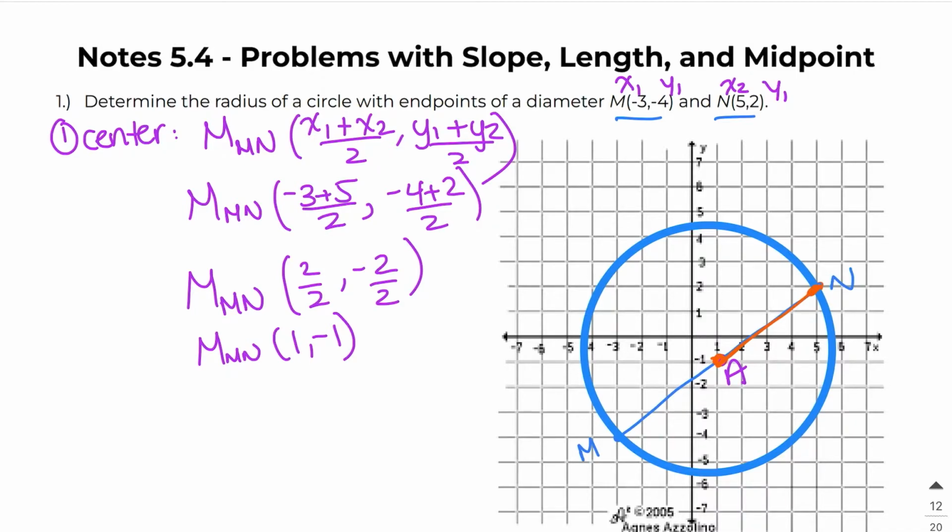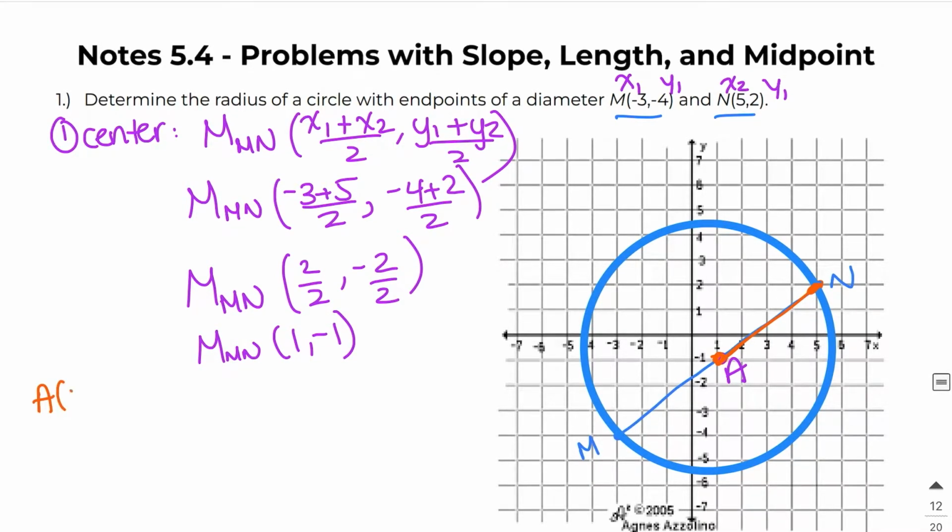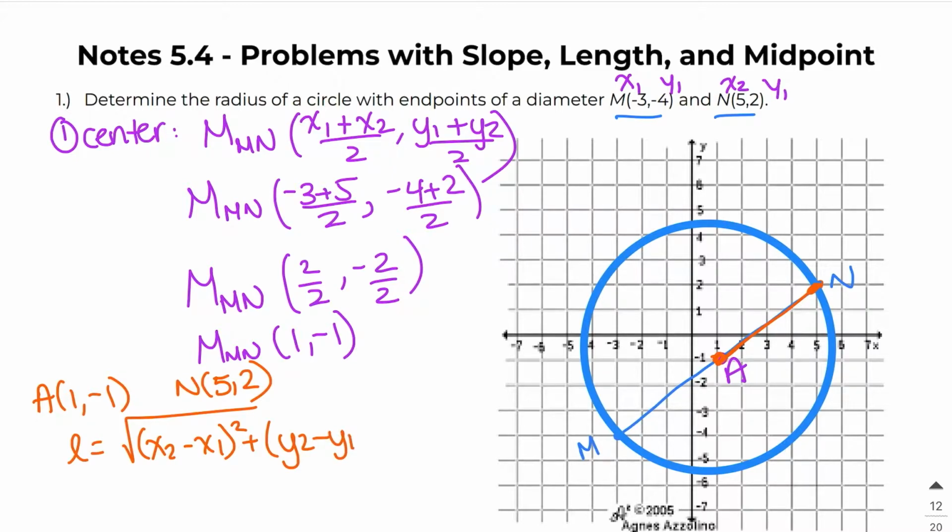It's your choice. So we know that A is (1, -1), and we know that N is (5, 2). So I'm going to use the formula for midpoint right here. So L equals the square root of (x2 minus x1) squared. And I'm sorry, I said I'll use the formula for midpoint, but I meant the formula for distance, the distance formula.